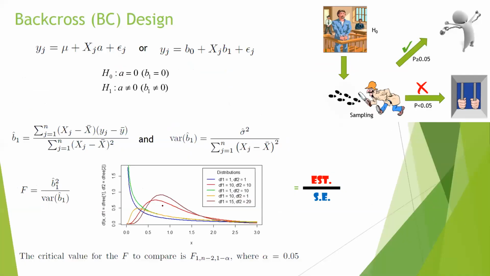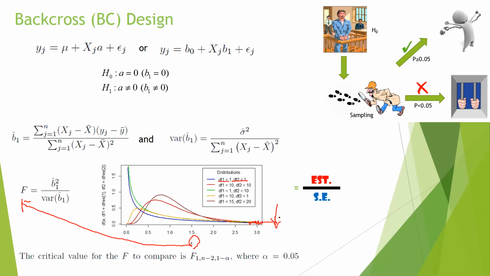Okay, so this is the distribution of the F. This is an example showing different F distributions with different degrees of freedom. Suppose this is the F value you calculated from your data. If this value is larger, this will give you a small p-value.